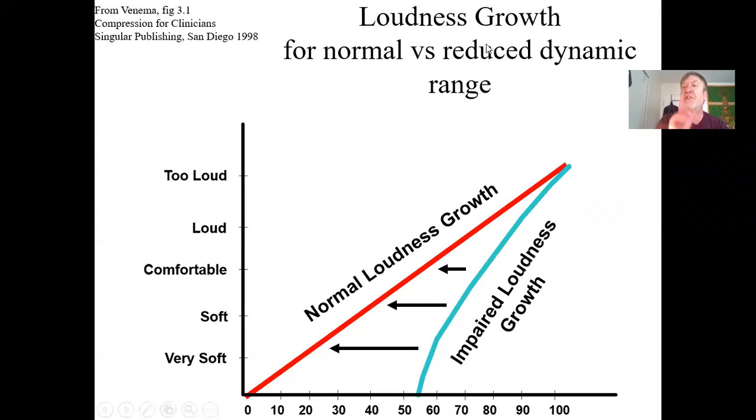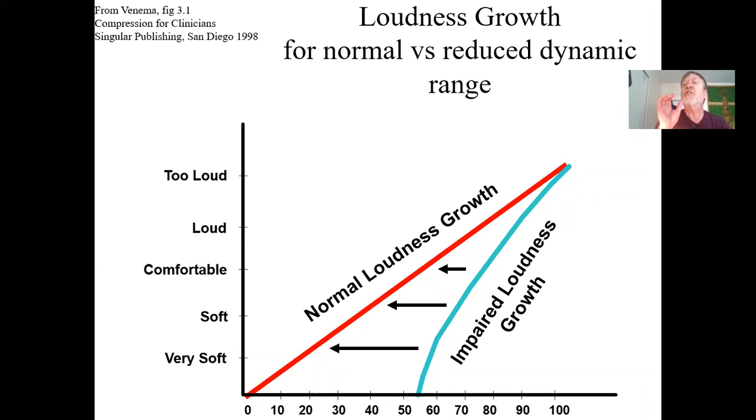Look at this graph carefully. Here's decibels from 0 to 100, soft to loud. And here on the vertical axis is what we call your perceptions, psychoacoustics, your perceptions of those intensities. So look at the red diagonal line.